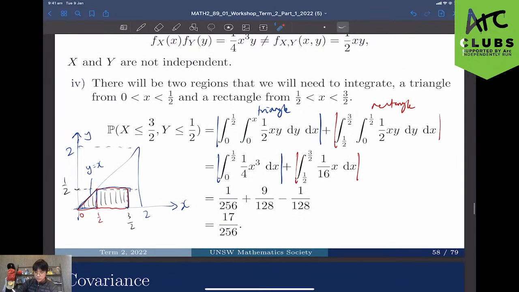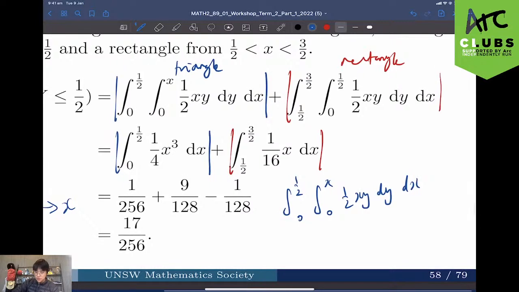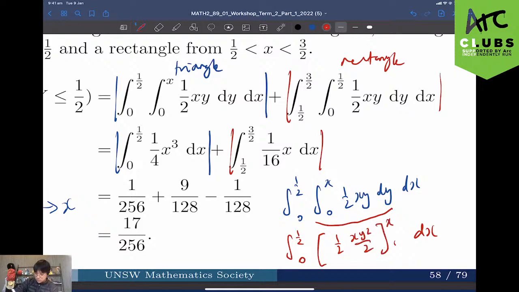So I'll just look at the triangle integration. When we do double integration, we take it one step at a time. So we first want to do this integral. We integrate half xy with respect to y, so the other bits are unchanged. So it's going to be half x y squared on 2 between x and 0.